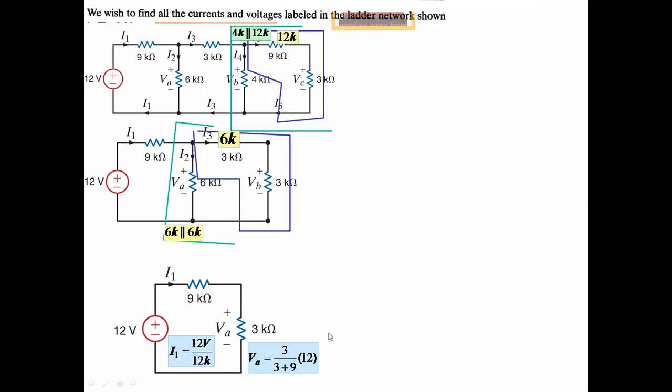According to the voltage divider rule, the branch voltage will be equal to the total or applied voltage, that is 12 volt, multiplied by the resistance 3 kilo ohm divided by the addition of all resistances. With the help of this formula, you can calculate the voltage. For this diagram, this is the original diagram, and we have calculated the circuit current I1 and VA.